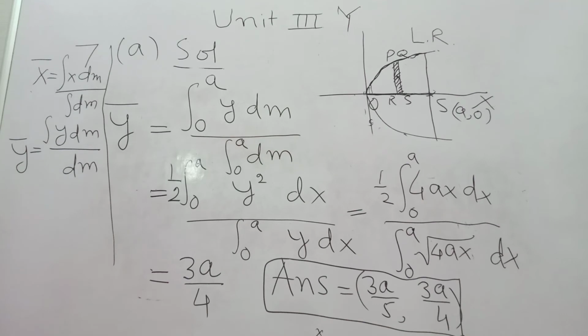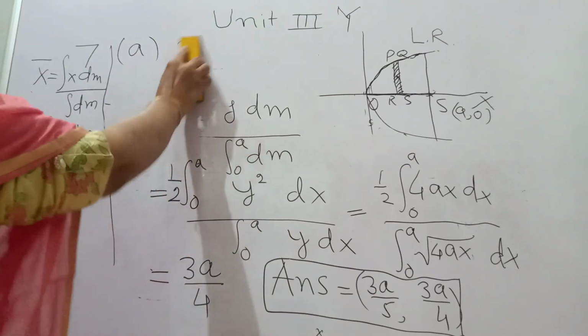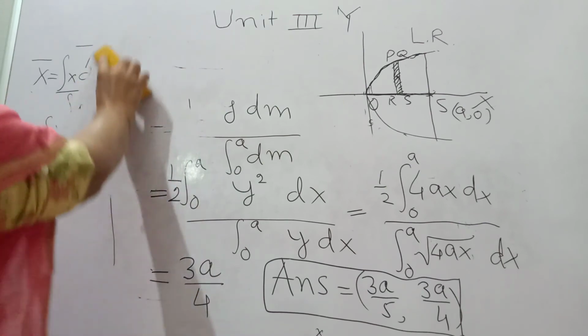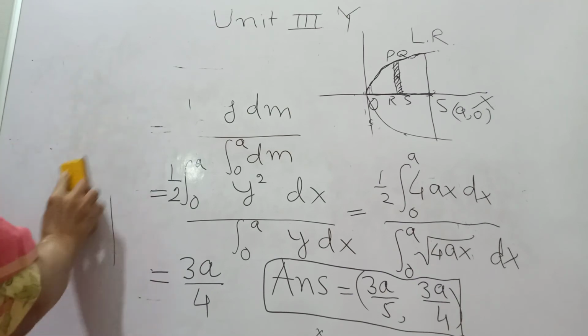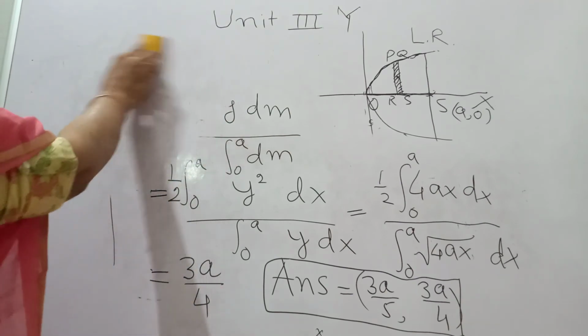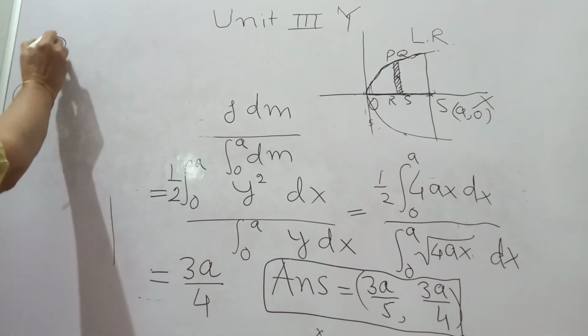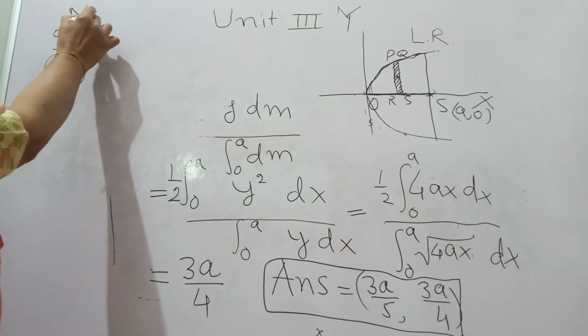Now finally I want to make a comment. I told you in the last lecture that I have made a mistake knowingly in question number 5a. This is the note.